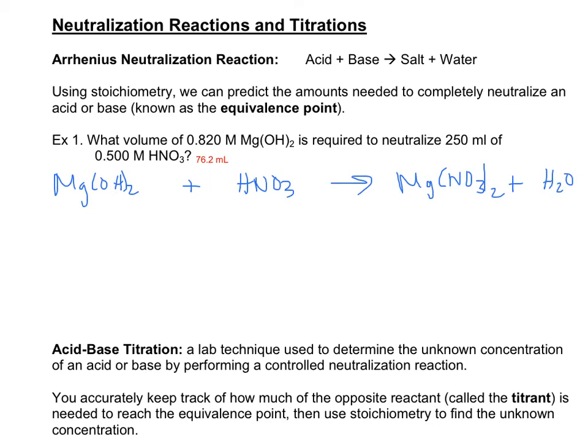Remember, whenever you're doing a neutralization reaction, just write down water. I know I've got an extra H floating around. It will come out when I balance this equation. I need to put a 2 here to balance my nitrates, and then I need a 2 here to balance my oxygens and my hydrogens.